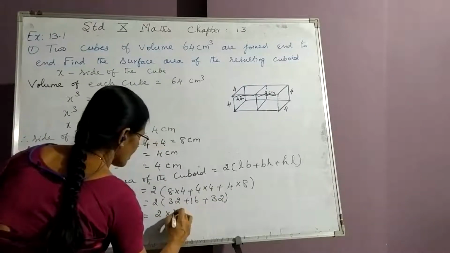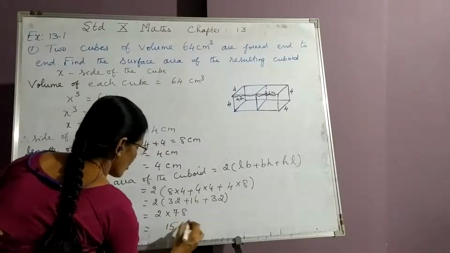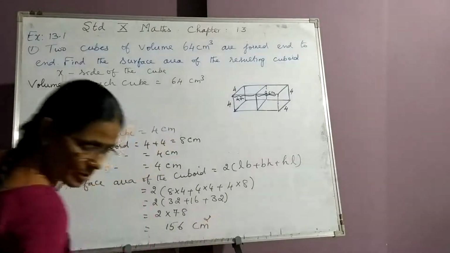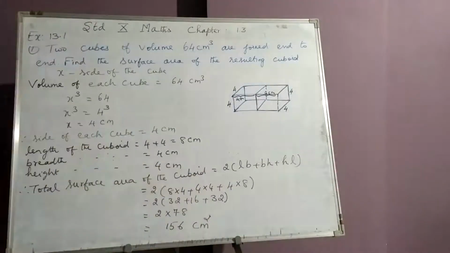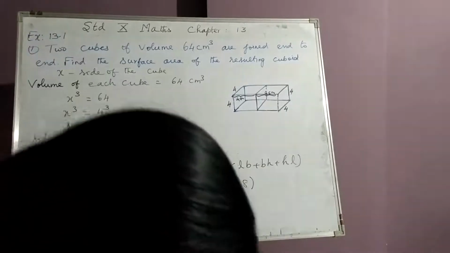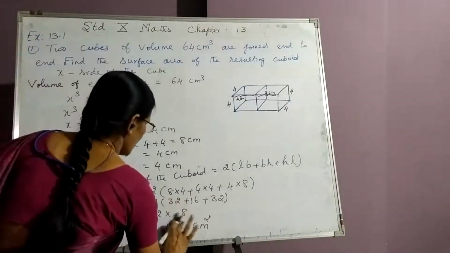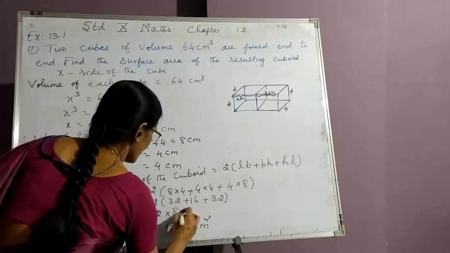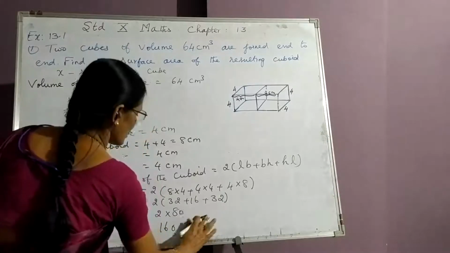So it is 2 into 78, 156 centimeter square. Here it comes 80, sorry. So we will get here 160 centimeter square.